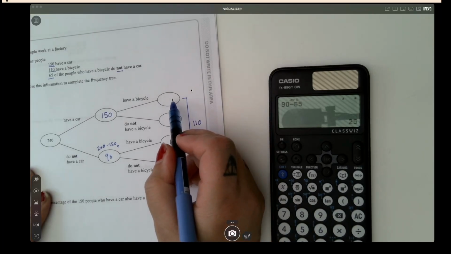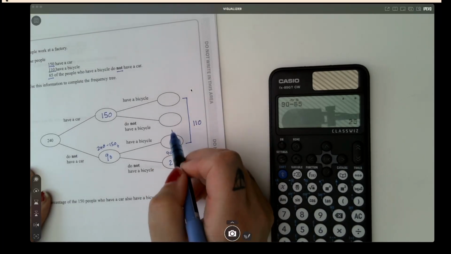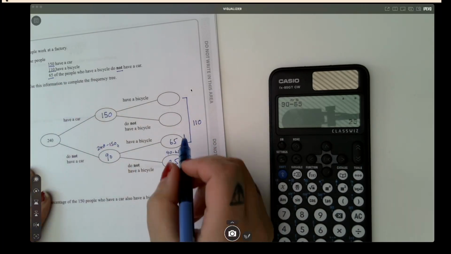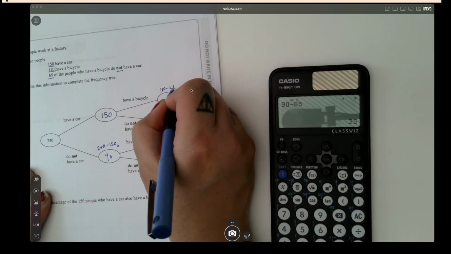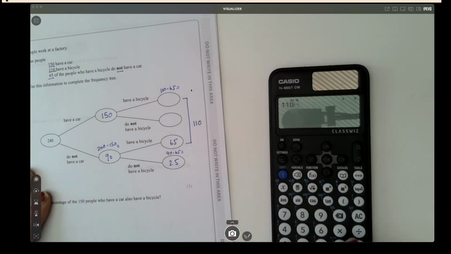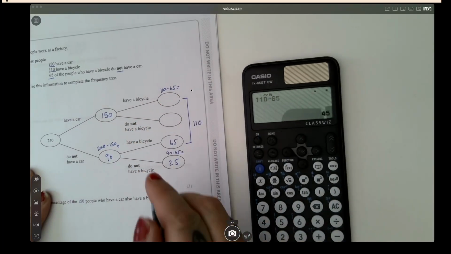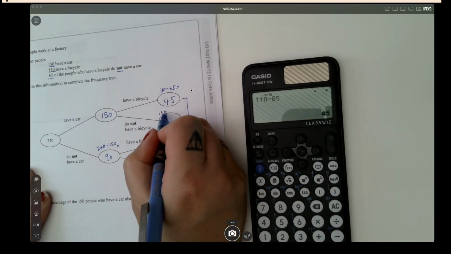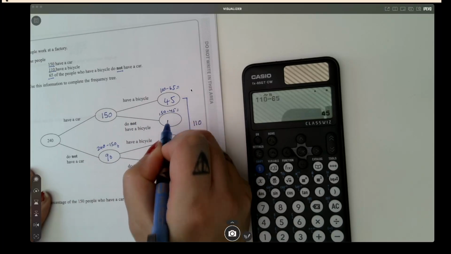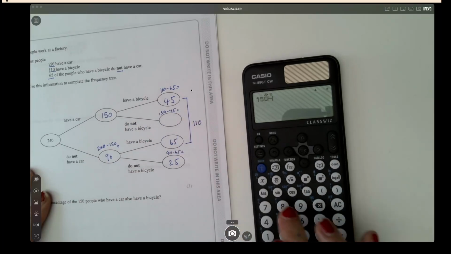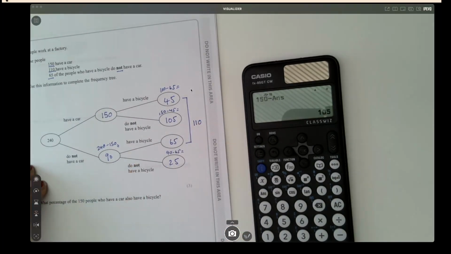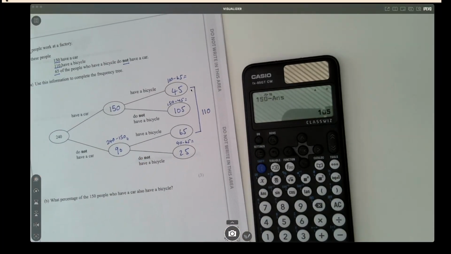I can find this has a bicycle bubble because these 2 bubbles should add to the 110 people that have a bicycle. So 110 subtract 65. And then 150 subtract that 45 should be this bubble. So I've completed the frequency tree.